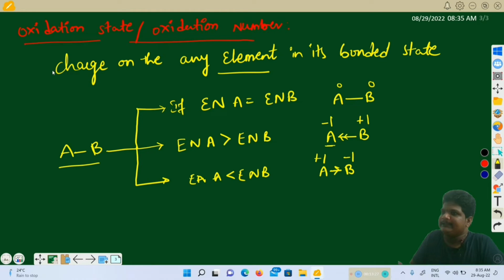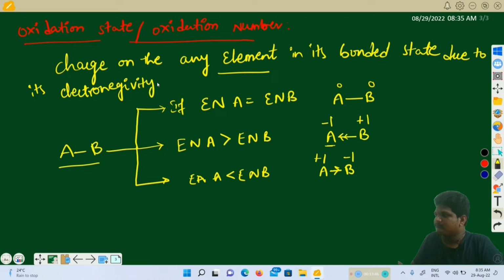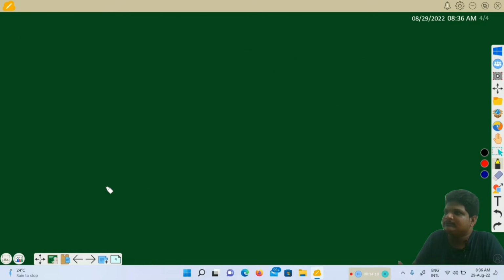So oxidation state means the charge on any element in its bonded state due to its electronegativity.